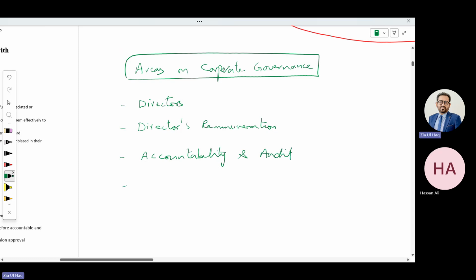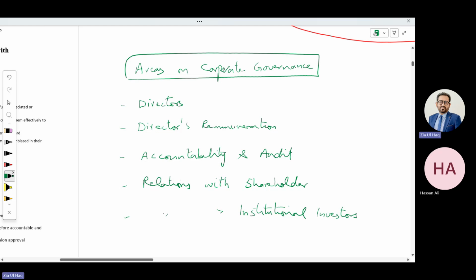Some codes cover relations with the shareholders. And some codes are relating to relations with institutional investors. And these are the 5 areas of corporate governance.